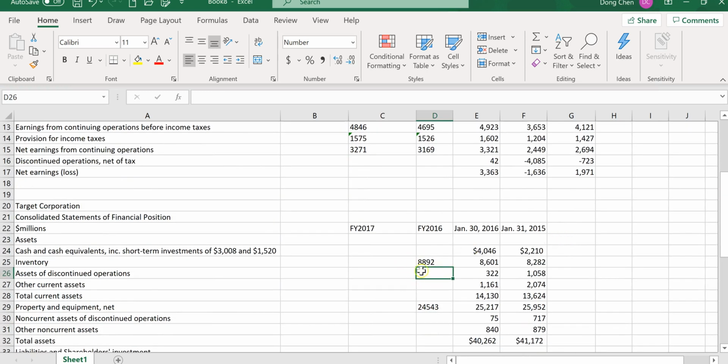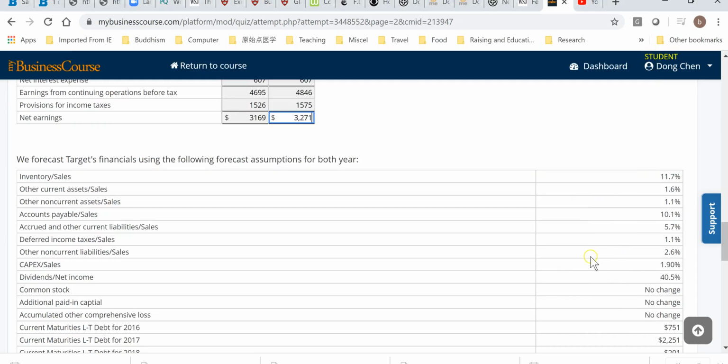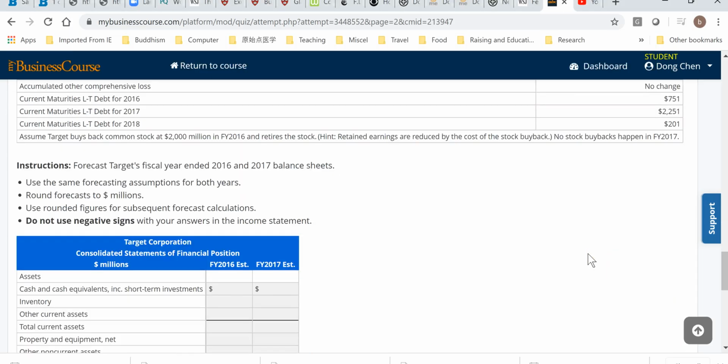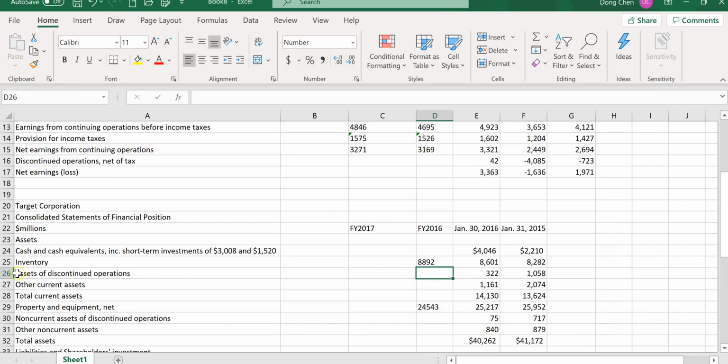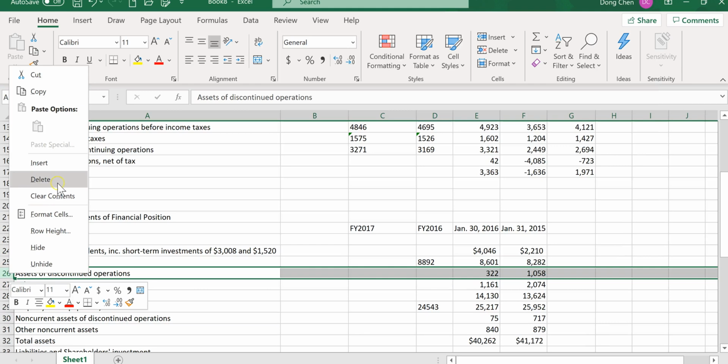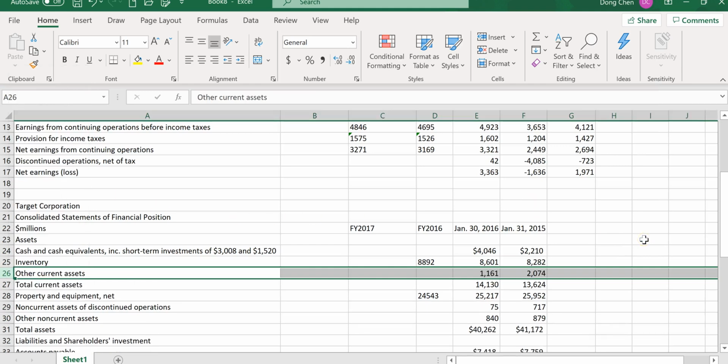And then the assets of discontinued operations. I don't think, yeah, you can see that from this final answer sheet here. Actually, there's no such item, so we can just get rid of this row here, because that's also transitory.